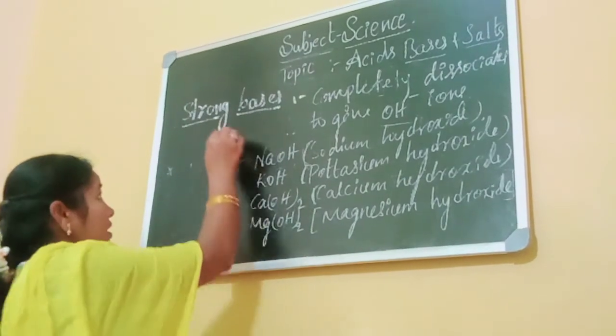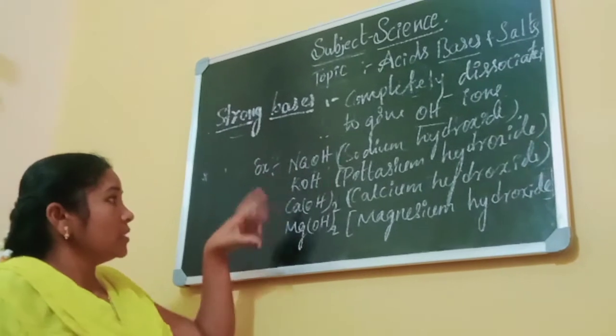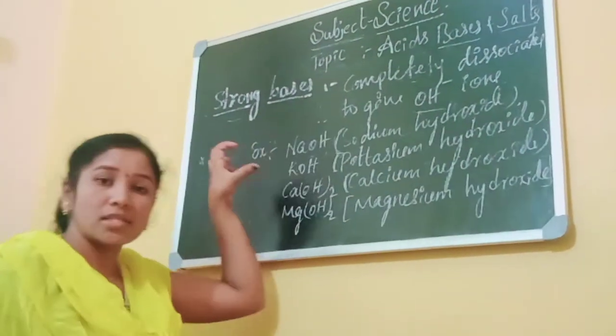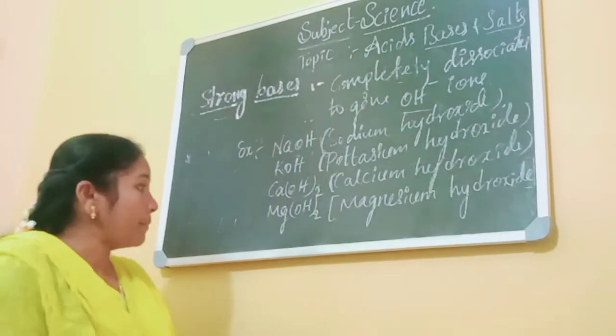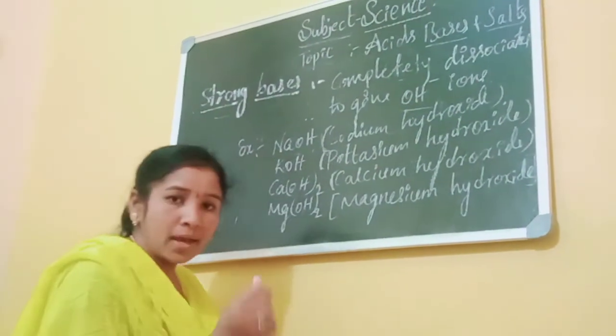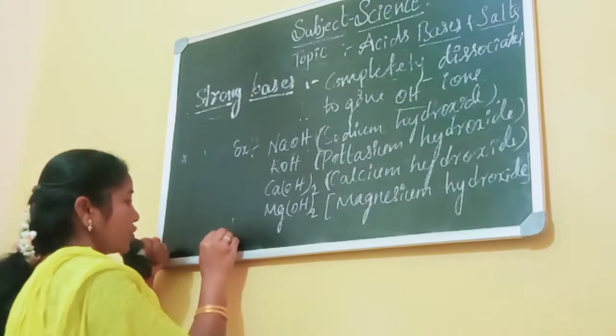Whenever we put these bases into water, they completely dissociate to form OH minus ions. Let's see how one dissociates.